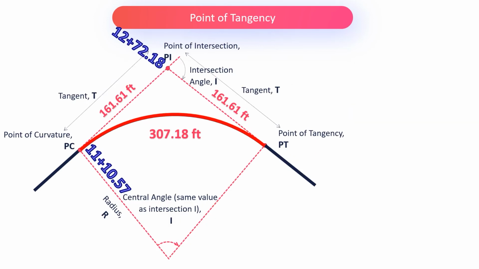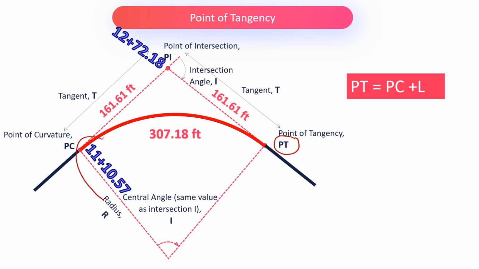So next is the point of tangency. So how do we find the point of tangency? It is calculated by using this equation, PC plus L, right? So we already calculated this PC, and if we add the length of this curve, then we get PT.